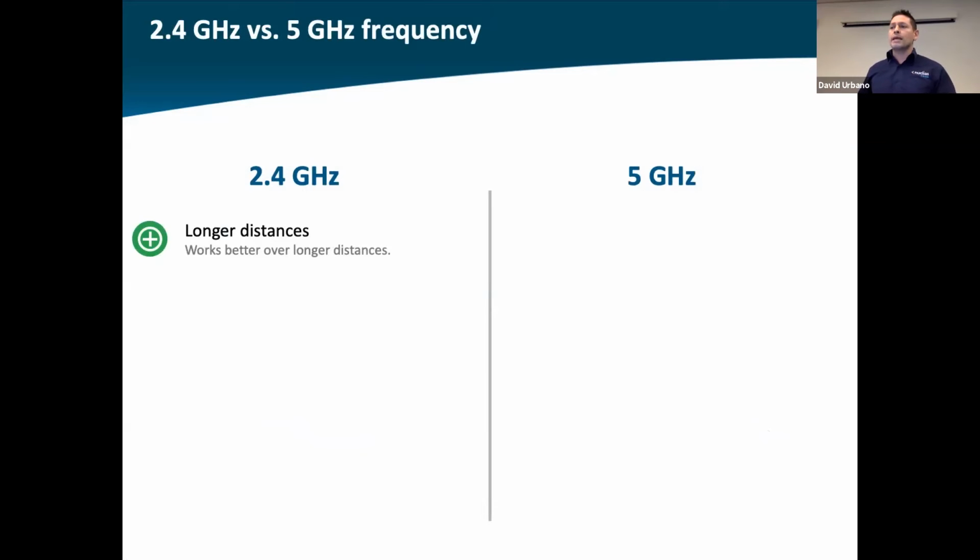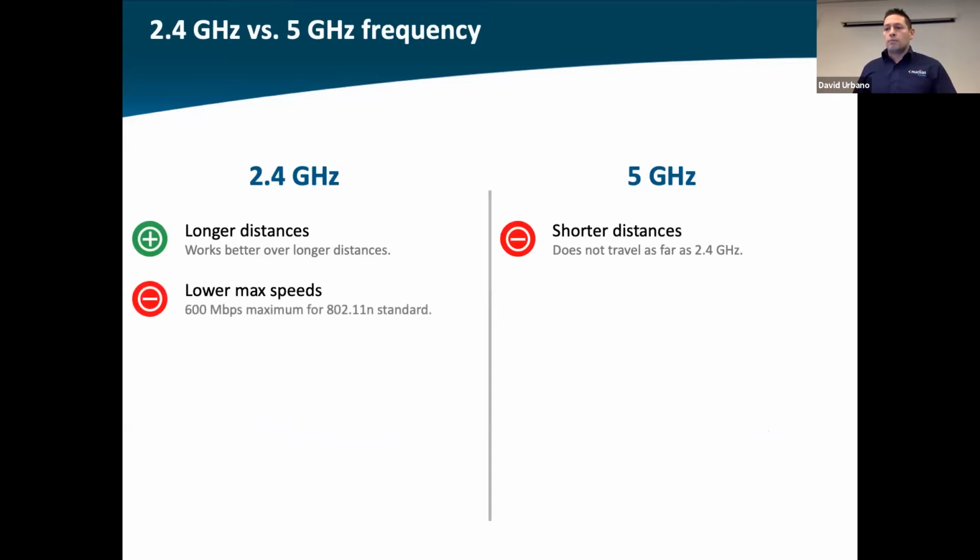So what are the main differences between these two frequencies? Well, aside from the actual physical spectrum, the actual physical wavelength that they have, that directly affects the distances that they can cover, 2.4 being able to cover longer distances, and 5 gigahertz probably shorter distances.